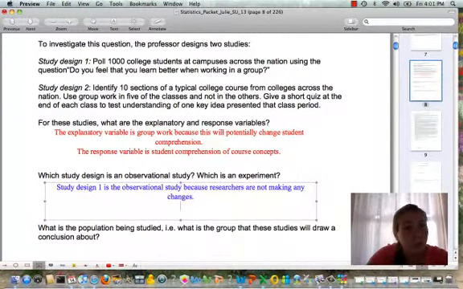Study Design 2, where the students are separated into different class sections and then the effect of group work is studied on 5 of those classes, is the experiment because the researchers are changing the experiences that the students have in the different groups.